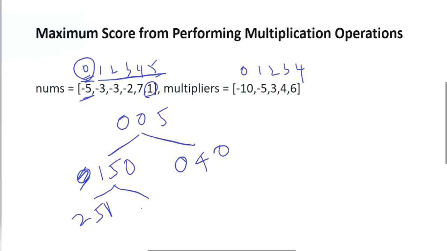If it is considering the last element, the index starts from 1 to 4. In the same way, if it is considering the first element, it is 1 to 4, and if it is considering the last element, the index is going to be 0 to 3, for the first element of the multiplier array.